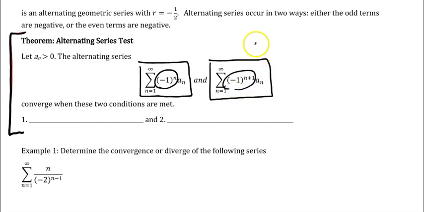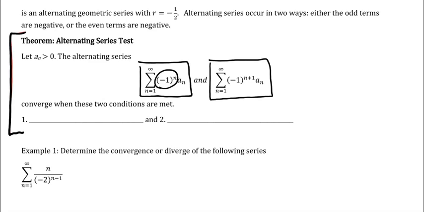Honestly, it really does not matter what the exponent is on the -1, as long as it's going to make terms positive, then negative, positive, then negative. So for instance, the exponent could not be 2n, because if the exponent were 2n, then all of the terms would be positive, because (-1) to a 2n power is going to be a positive one. So as long as the signs are alternating, then this test can be applied.